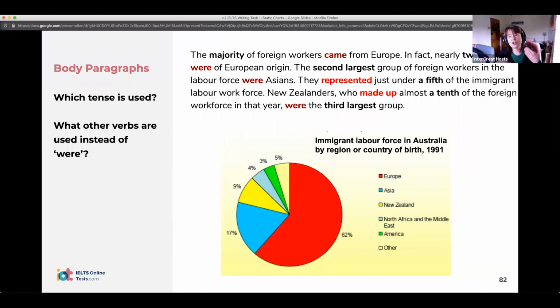So again, it's IELTS, so you want to make sure that you're using a lot of variety in terms of your vocabulary. Don't use have. A lot of people say, you know, Europe had 62%. That doesn't work. Don't use have. Use one of these other verbs that we have here.